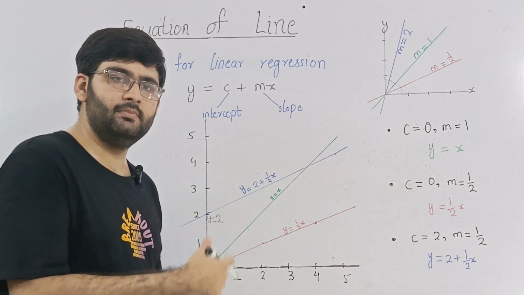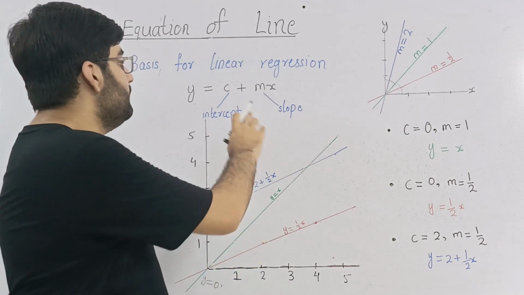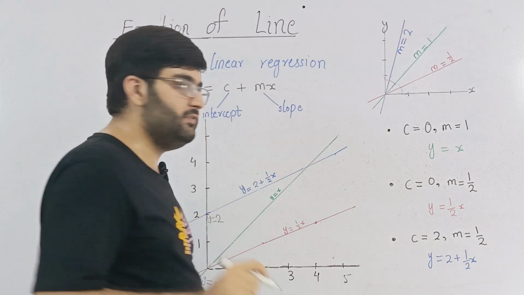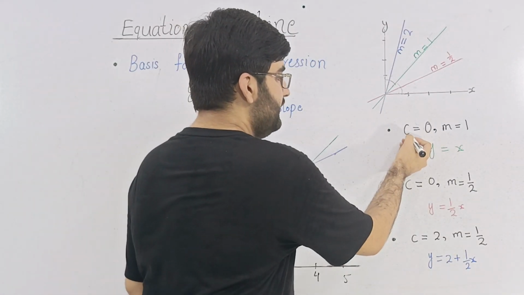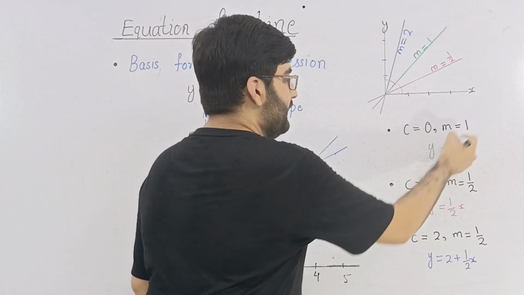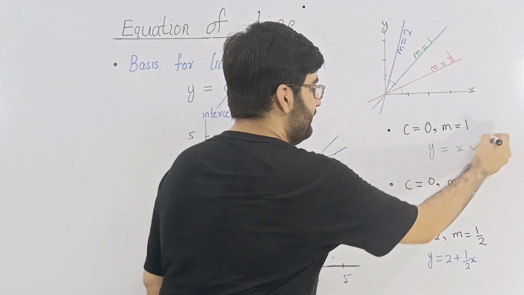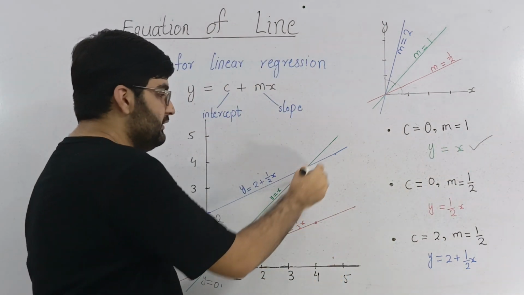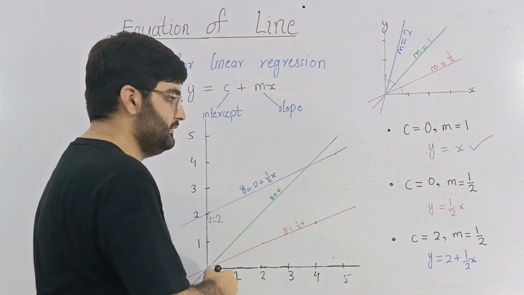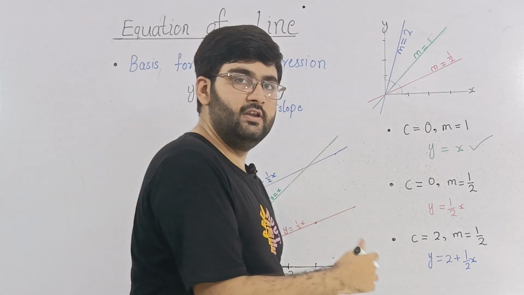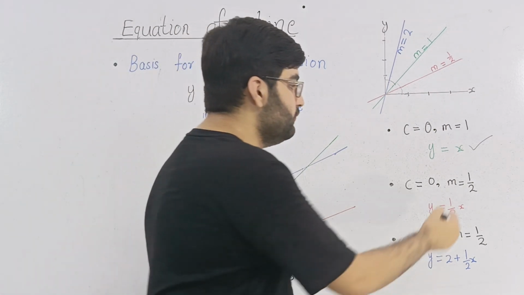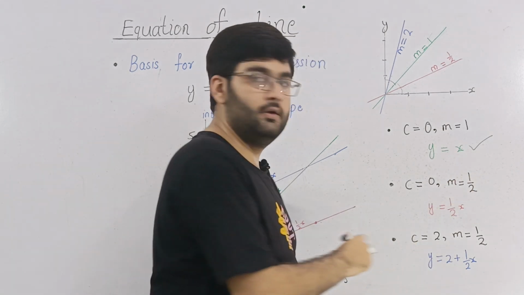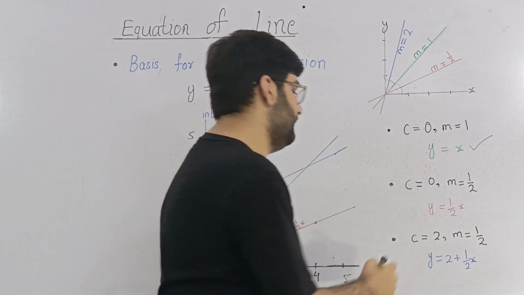Now let's make a basic line from this equation. We set the intercept c to 0 and m to 1. So we get this equation, y is equal to x. This is the equation of this green line. Now, if we change the slope to 1 by 2, we get this equation.